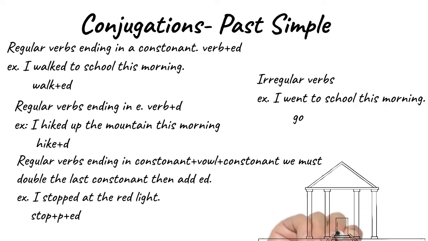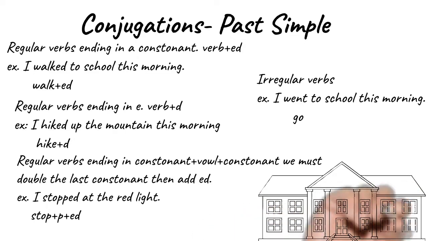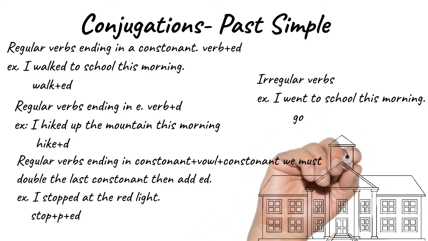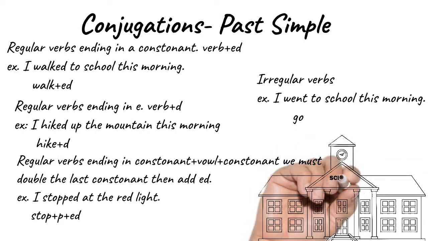For example, go. The past simple of go is went, W-E-N-T. I went to school this morning. Notice how went shows that the action was done already in the past.